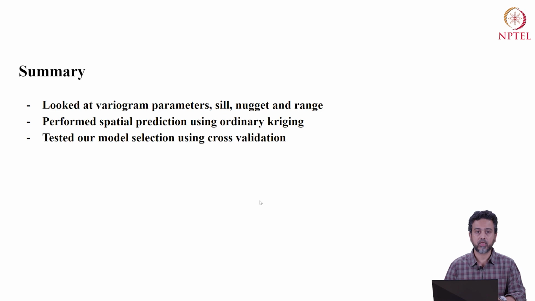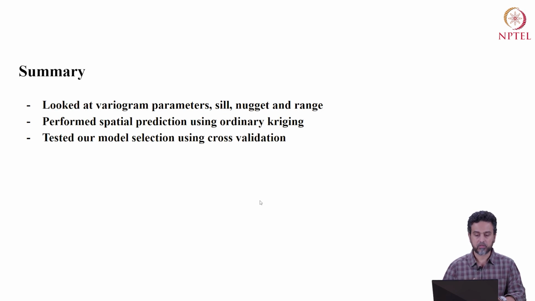They each have a meaning, and we saw visually how we can plot them as a graph in R and what each of them means. We also performed spatial prediction using ordinary kriging. We made a constant mean assumption, and we performed ordinary kriging, and we used that to create a map of groundwater levels over a sub-region of Western Uttar Pradesh.